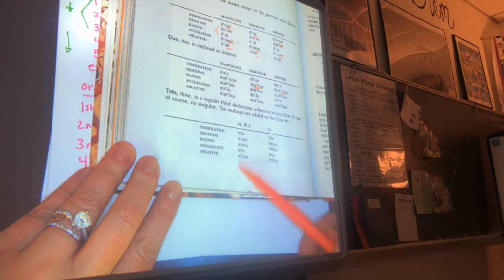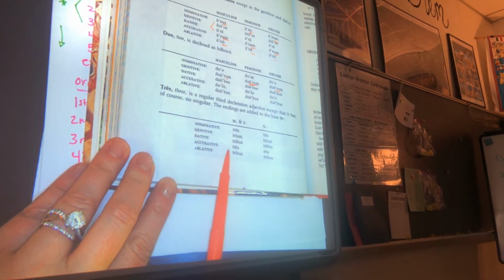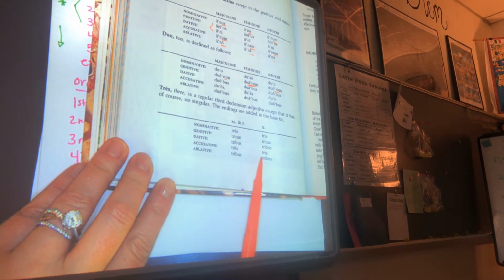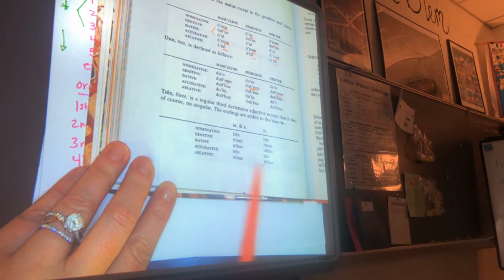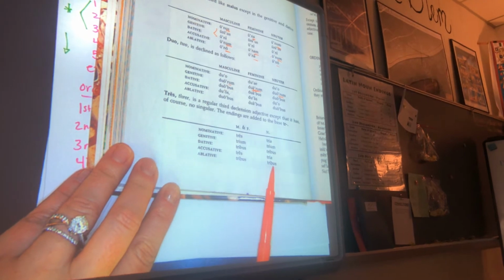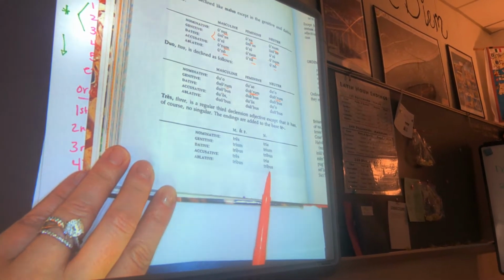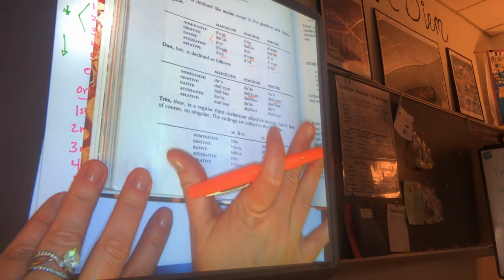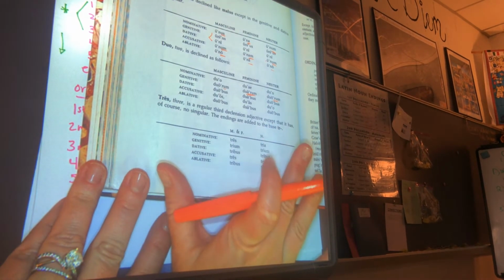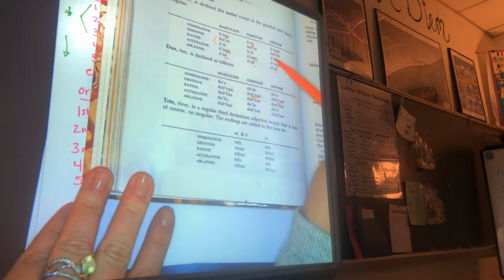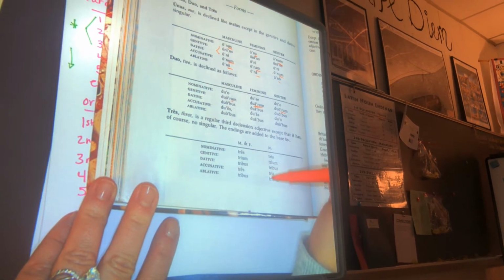Please note that for number 3, 3 men or 3 women, use the same form, because the masculine and feminine share, versus the neuter, if you want to say 3 gifts, which is under the neuter column. So this is just a page you want to highlight, that you need to know: how do you decline 1, 2, and 3, because they're irregular.